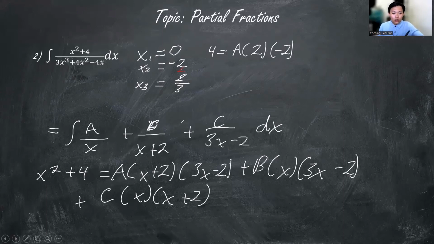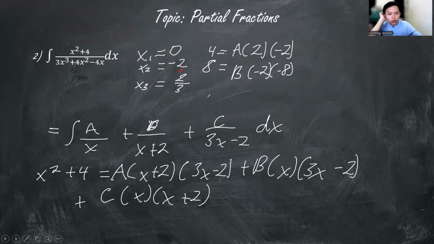And then for b, negative 2 squared plus 4 is equal to 8, equal to b times 3x plus 2, and that's equal to negative 8.